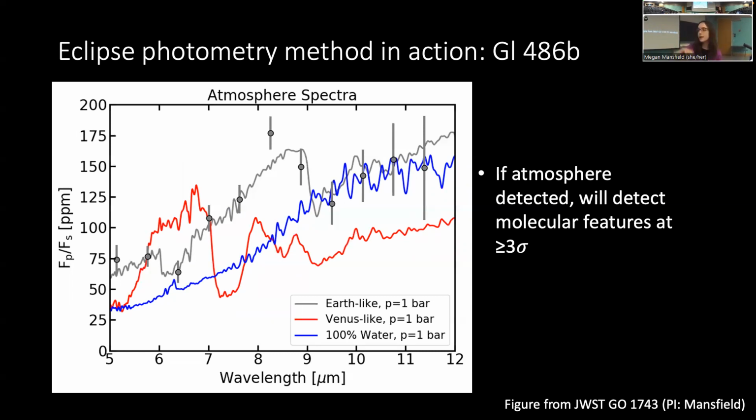So here I'm showing, again, what we think our simulated data would look like compared to a few possible atmospheric compositions we could observe on this planet if it had an Earth-like, a Venus-like atmosphere, or a 100% water steam atmosphere. And we should be able to differentiate between these cases at about 3 sigma.